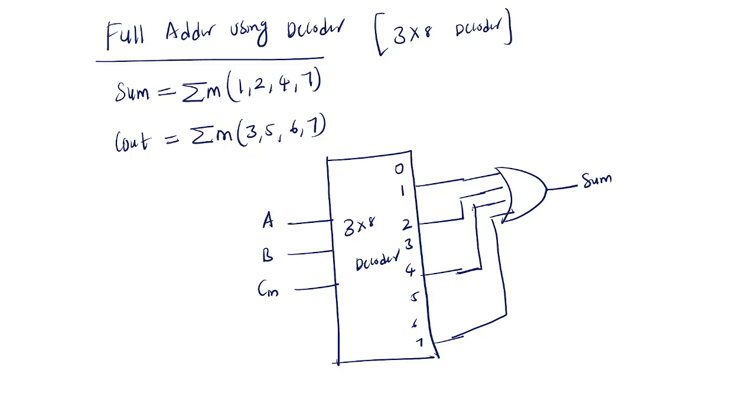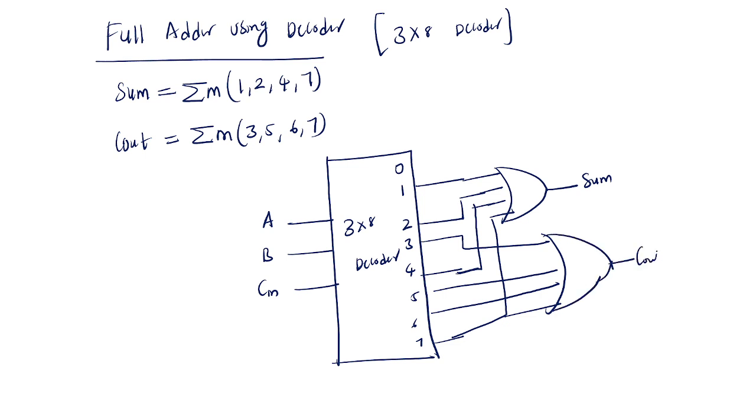Similarly, 3, 5, 6, 7 are connected with an OR gate, and you will get carry out. Is it fine? Like this you can design any combinational circuit by using a decoder.